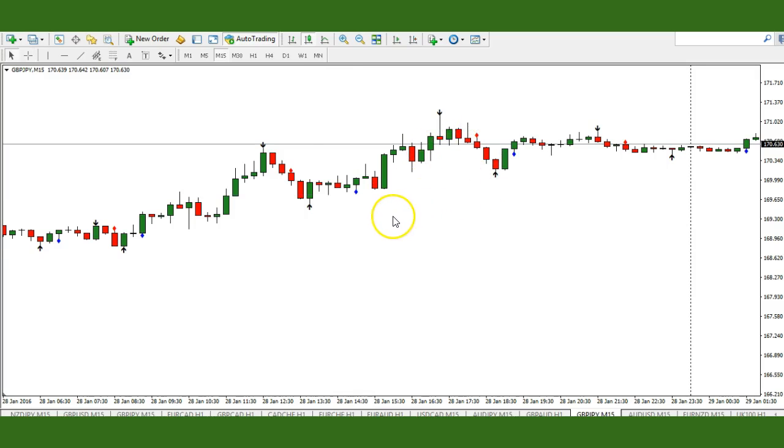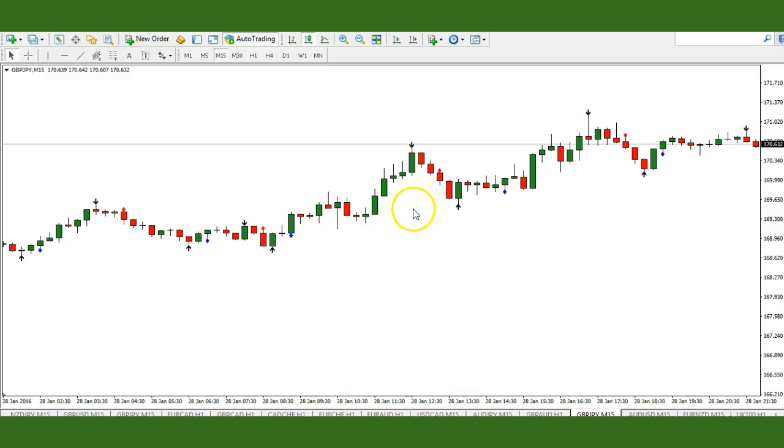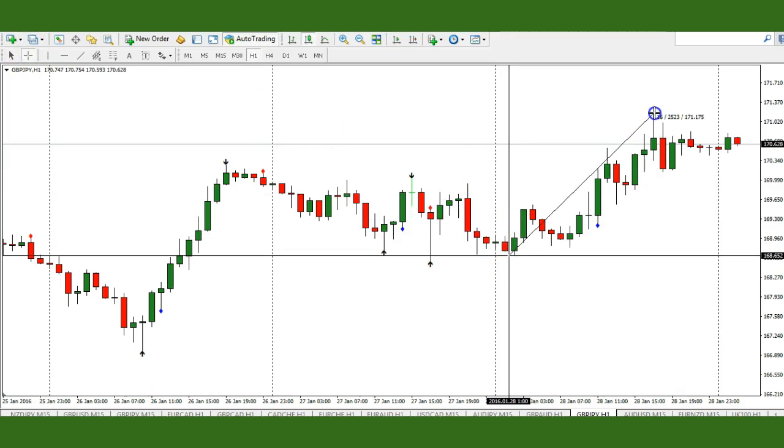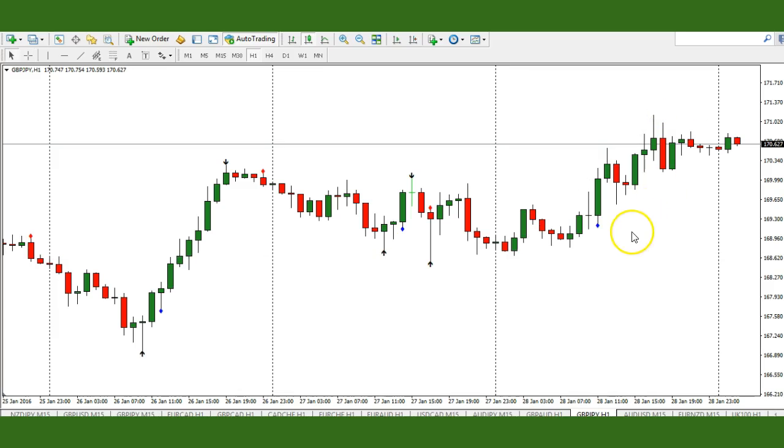So using this trend indicator in the direction of the trend on the pound yen, you could have potentially captured around 300 pips. So let's go back to the 1-hour chart and count the pips from the swing low to the swing high, which is about 251 pips.